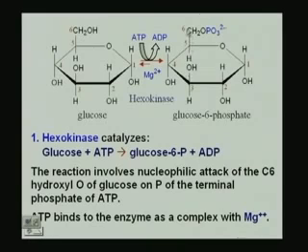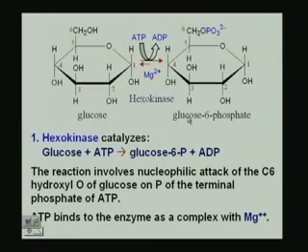That means the 6th carbon atom is no longer OH, it is now phosphorylated. It is phosphorylated by taking a phosphate from ATP, and ATP becomes ADP. This is a coupled reaction. We will look at the energetics of these steps.